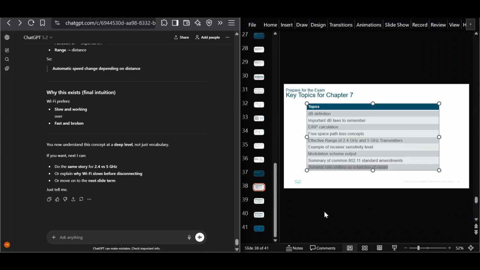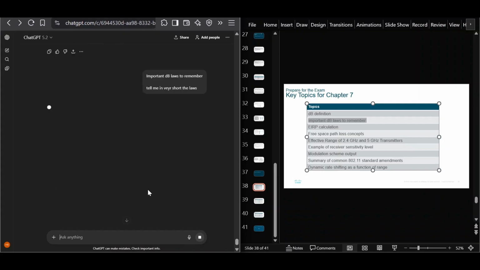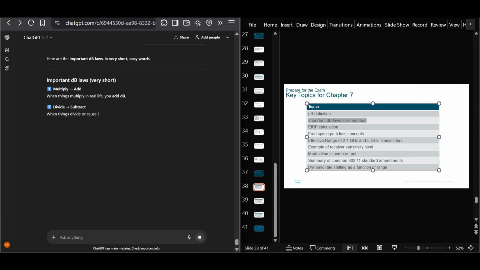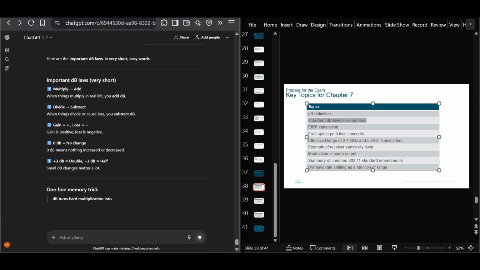So this is the first slide, and we just finished understanding all these terms. When things multiply, you add dB.